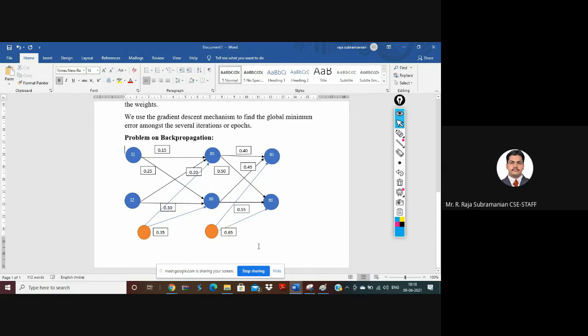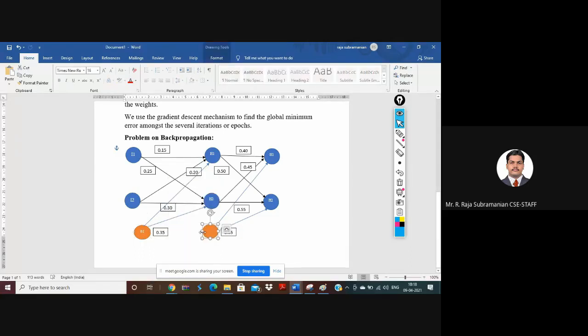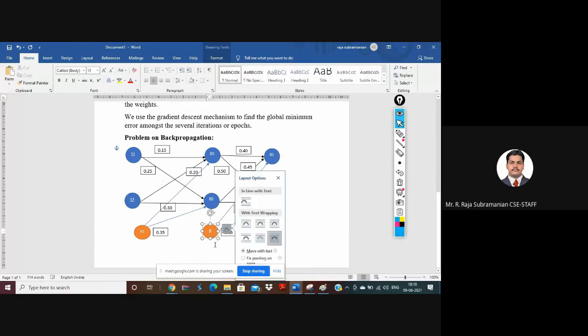So we have the intercept also ready. If needed, I will name this B1 and this B2, the biases.